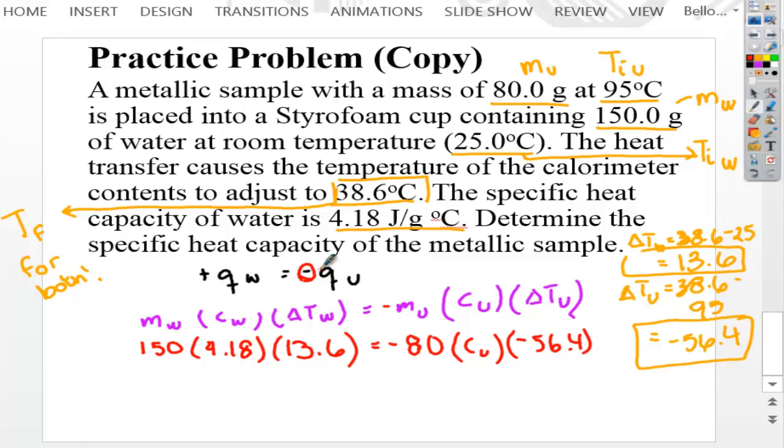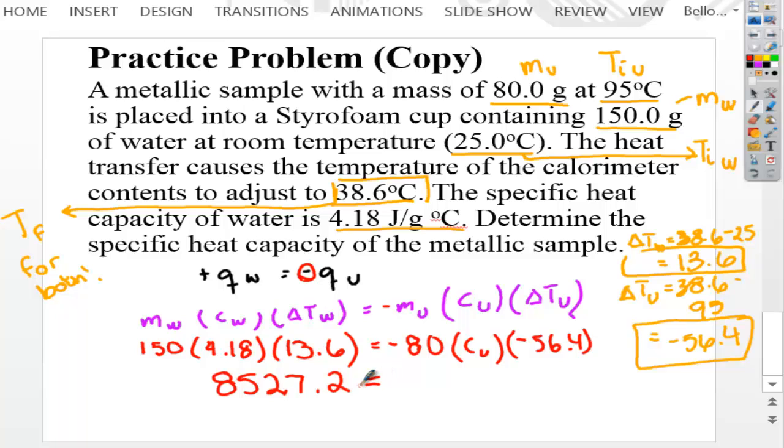So, what do we get on this side when we multiply all these three numbers? 8527.2.